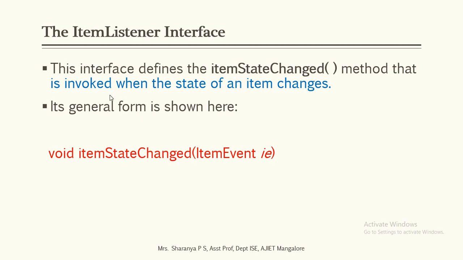So that state change will occur. During that time, in order to handle that, we are using the method itemStateChanged, which is defined under the item listener interface. That is the way we need to use void itemStateChanged, and here we are passing the object of the event.